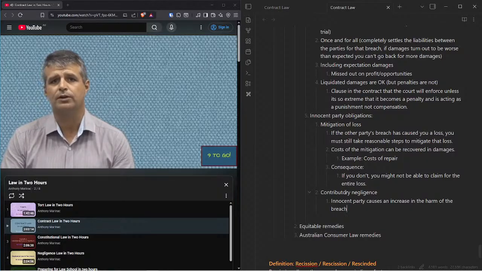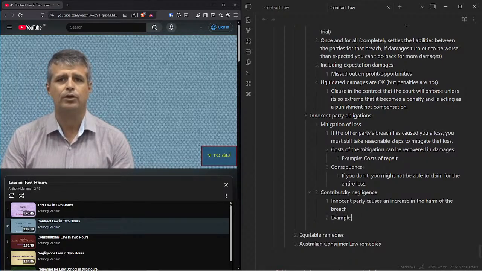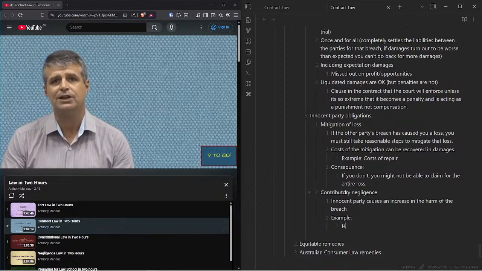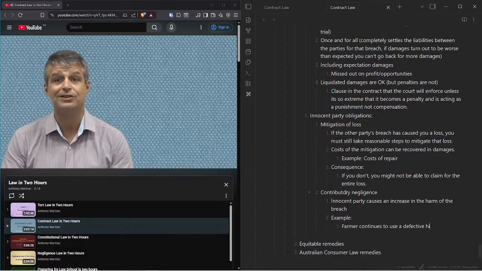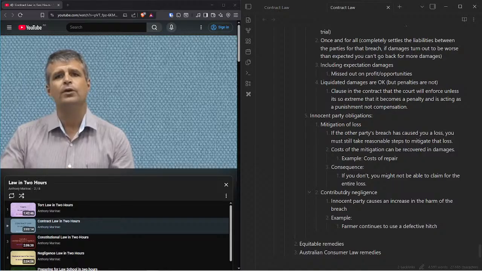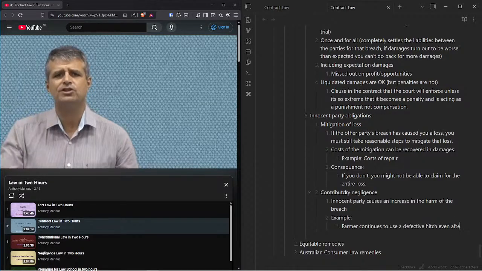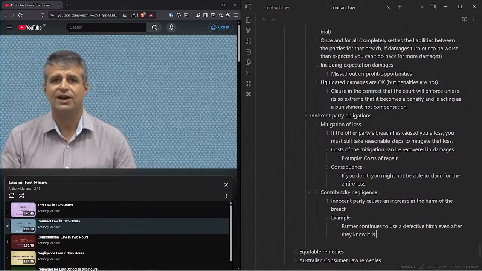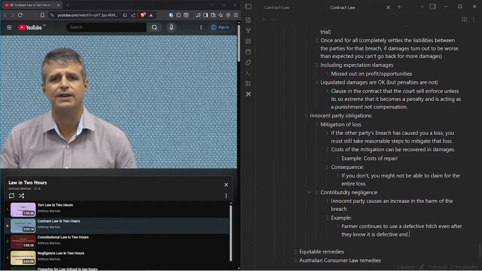When the hitch broke and caused an accident resulting in 2 deaths, part of the fault rests with the supplier of the defective hitch, but the farmer's contributory negligence also counted because the farmer had continued to use that hitch even after he knew it was defective. So can you see, if your own negligence contributes to the harm, you can't get damages for all of the harm. Okay, so much for damages.